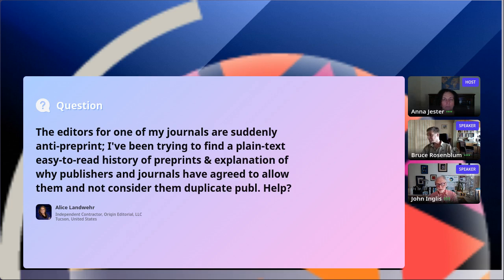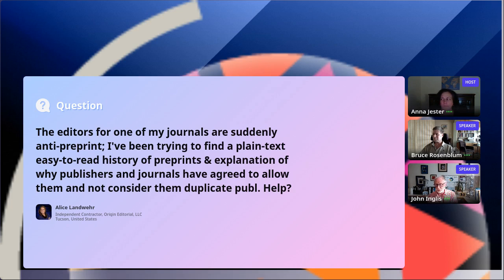The latter situation is regrettably, although Bruce is absolutely right that things are changing in a positive way as far as I'm concerned, but we definitely still find instances of journal editors who work for publishers where they have a very clear policy, but that policy hasn't come down to the editors. So the editors are concerned about duplication in particular.